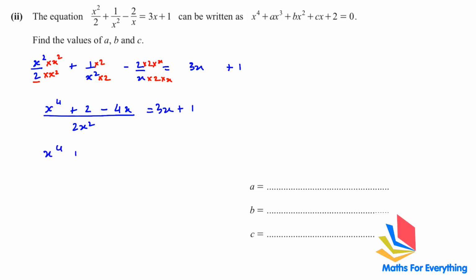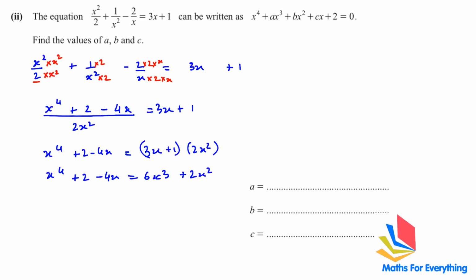Cross multiply, put a bracket, 3x plus 1 multiplied by 2x square. So you have x to the power of 4 plus 2 minus 4x is equal to 6x to the power of 3 plus 2x square.